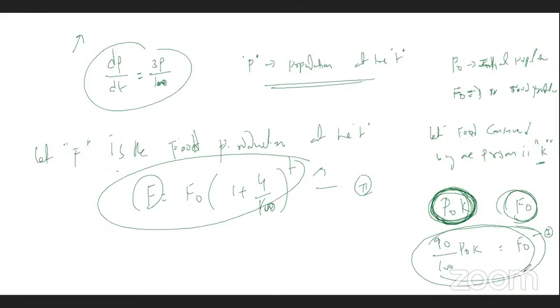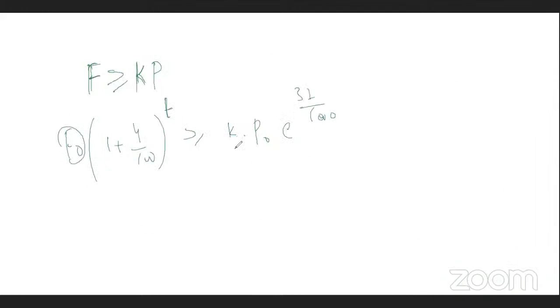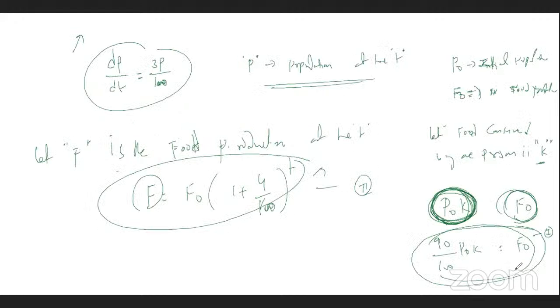What is F naught by P naught K? It is 90 by 100.